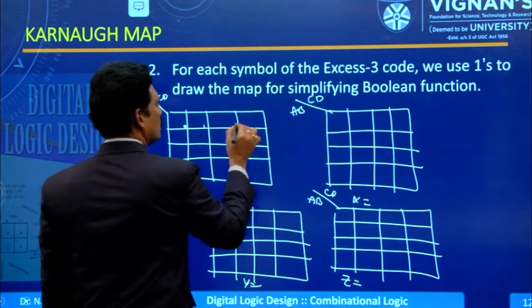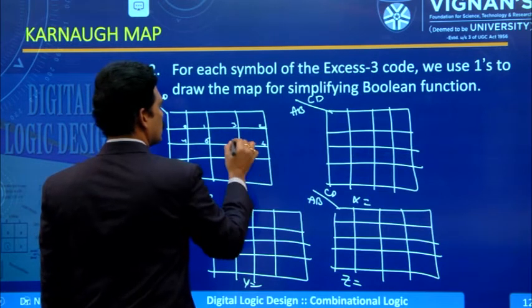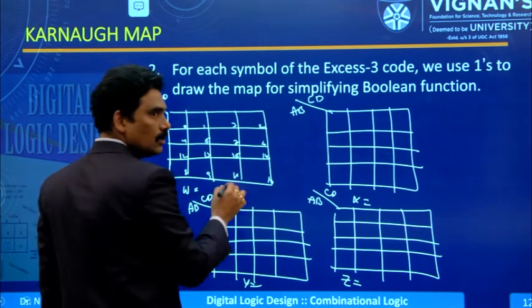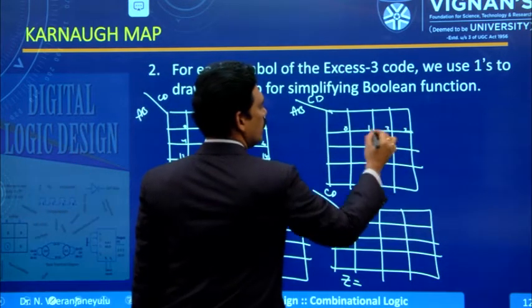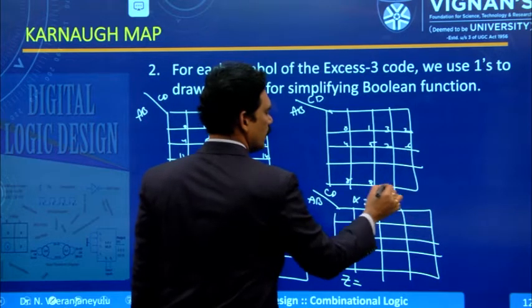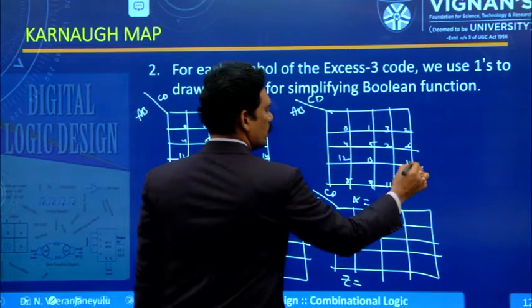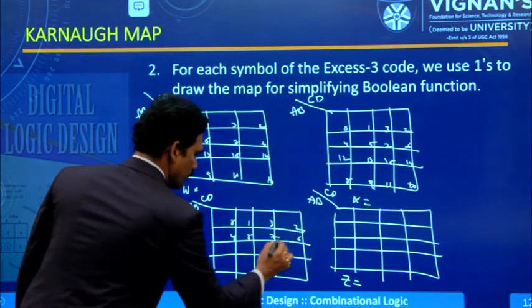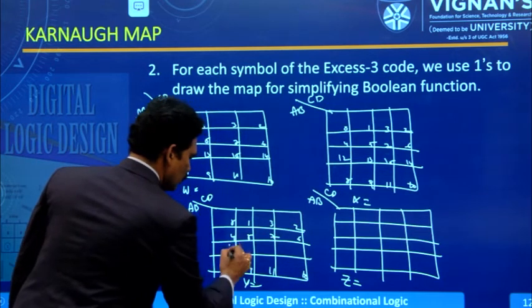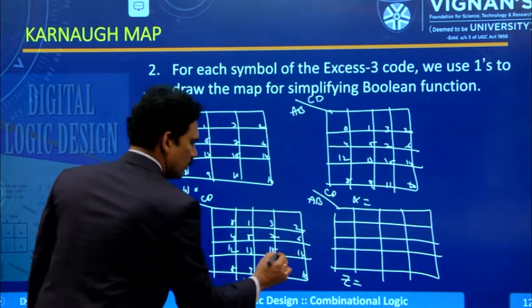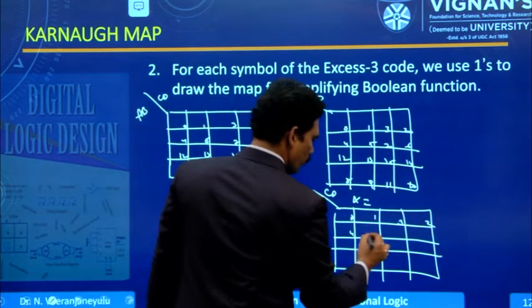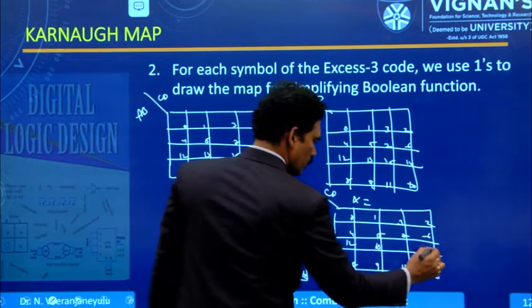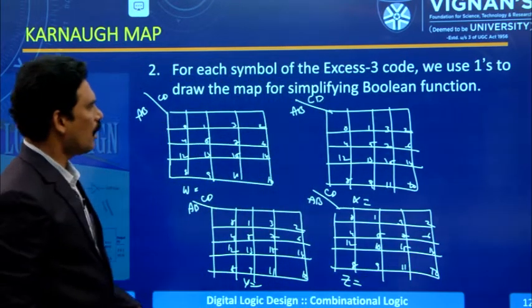Each is 0, 1, 2, 3, 4, 5, 6, 7, 8, 9, 10, 11, 12, 13, 14, 15.